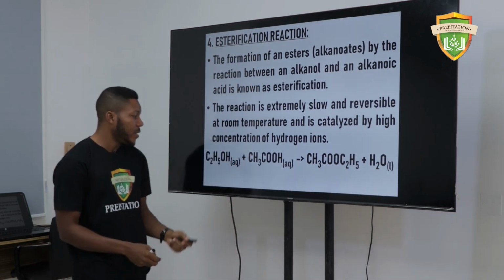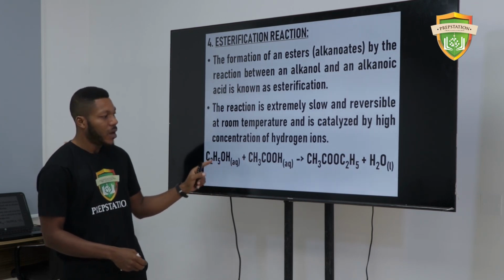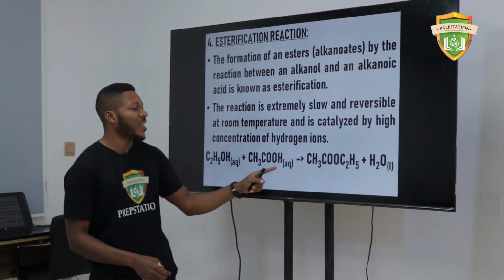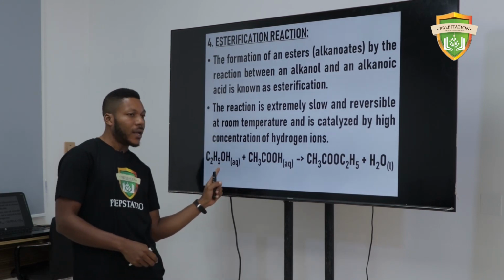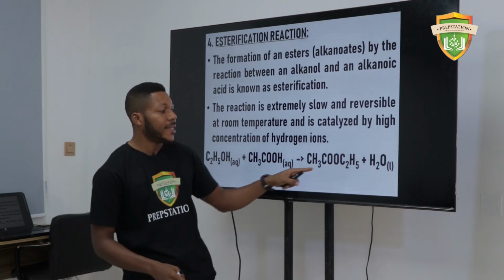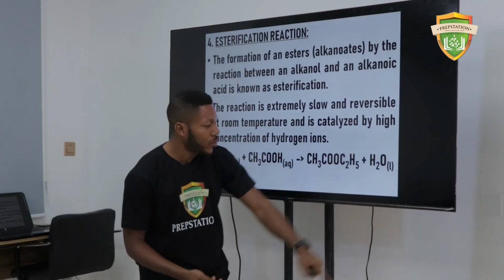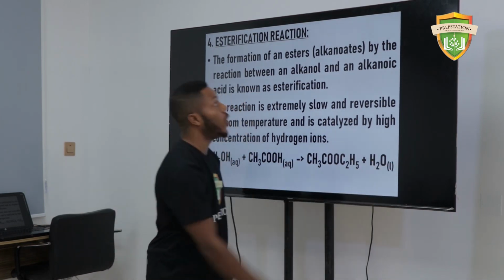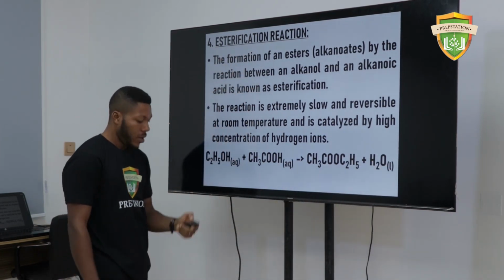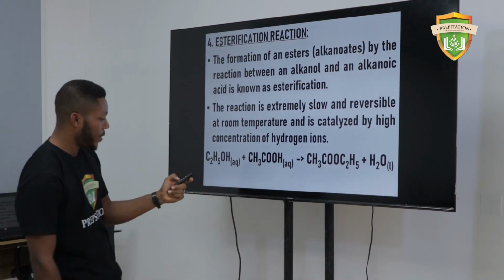If you look at the formula, this is an alkanol, for example, precisely ethanol, reacting with ethanoic acid. This is alkanol, this is alkanoic acid. Now, the product is called an ester or alkanoate with water as a byproduct. So this process is called esterification reaction. Please note the equation very well because it always occurs in exams.